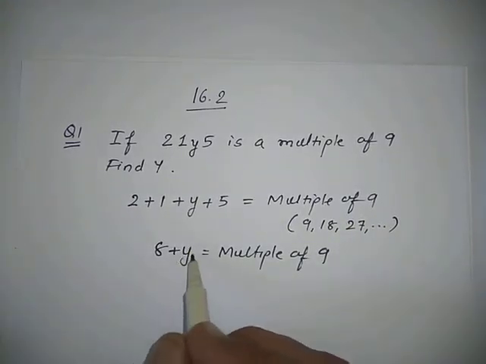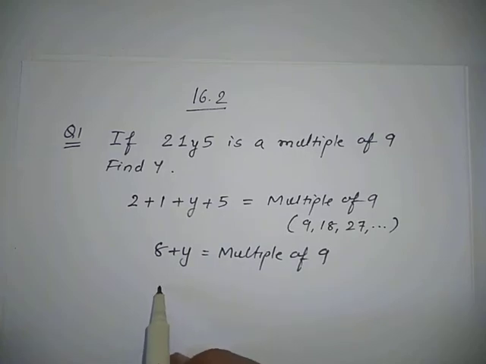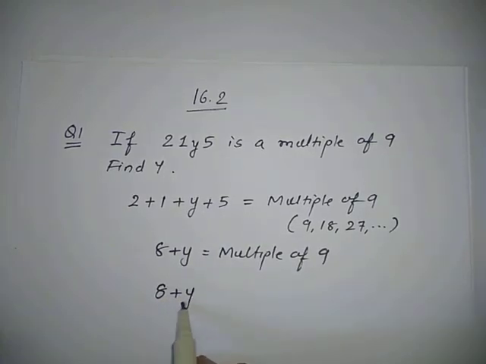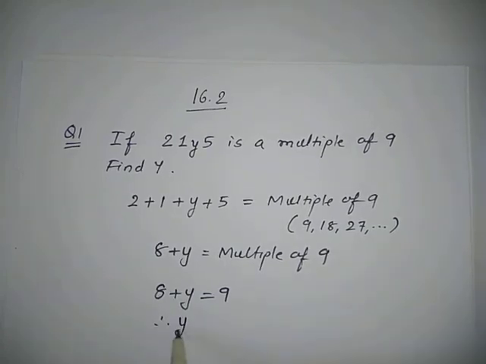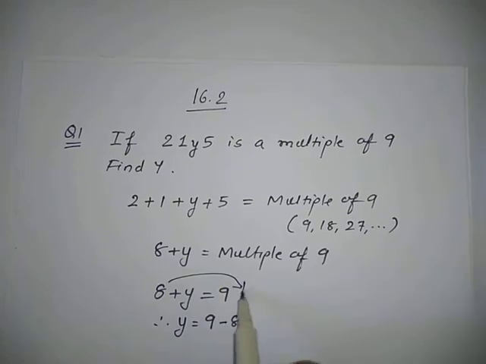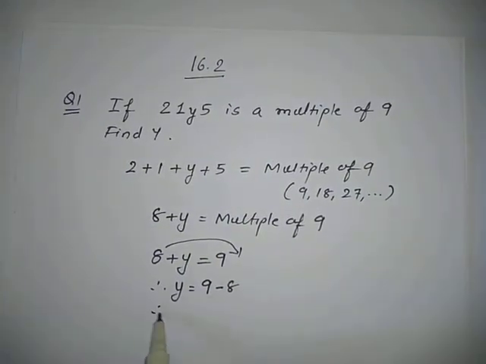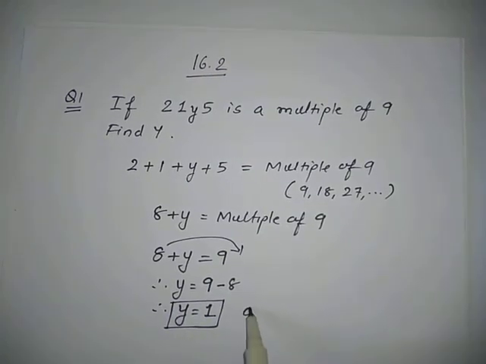But from that we will get the value of 8 plus y. Suppose we take the first multiple as 9. Therefore the value of y will be 9 minus 8, and we get y is equal to 1. So it is a one digit number.